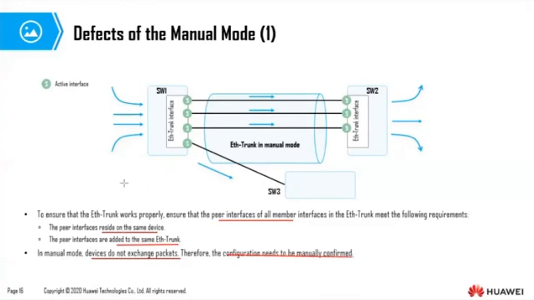So what do these two mean? It means that the first one here, interfaces reside on the same device. So if you don't have, for example, G004, you don't have an interface called G004 on SW1, you cannot add G004 on this Ethernet trunk.